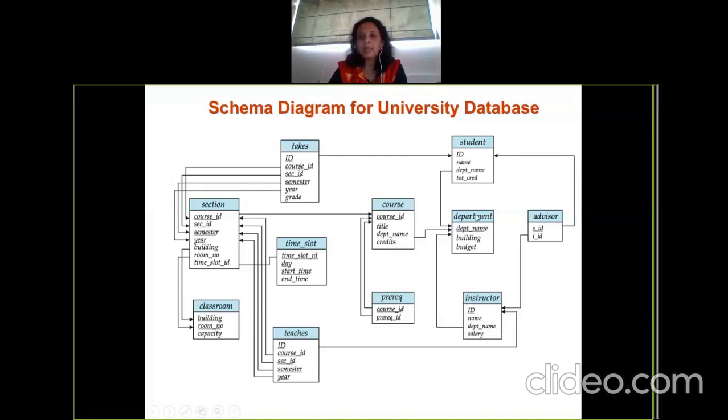Then department name such as computer science, building, main building, and budget, whatever budget is assigned to that department for that particular year. Then classroom, in which building you have the classroom, for example, for computer science it is in the main building. Room number CSCR01, and capacity: 40 students or 80 students can sit in the classroom.